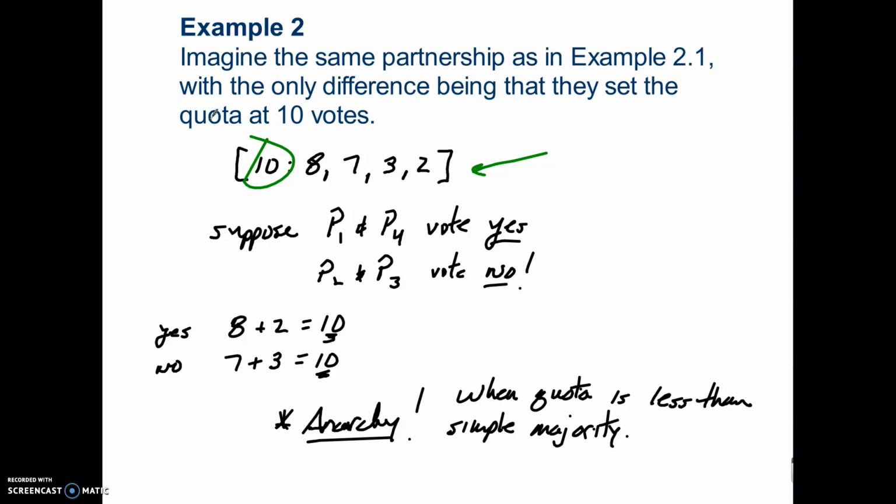The way we can avoid that is to make the quota greater than the simple majority, which is the total number of votes divided by 2. If you have this, you will avoid anarchy.